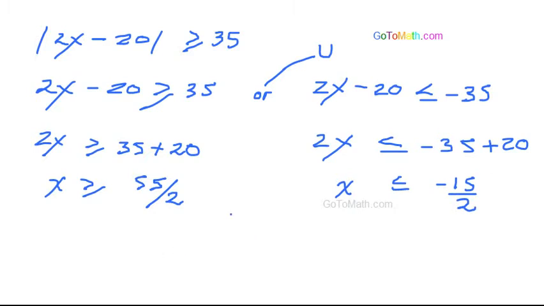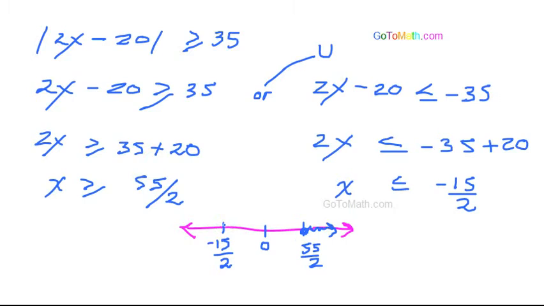Of course, I've been drawing number lines, and we might as well not stop doing that. So, attempt to draw a straight one anyway. 55 over 2, we'll put about right here, just some arbitrary place. 0 is there, and then negative 15 over 2 goes there. Remember, this includes it, so that's a solid dot.